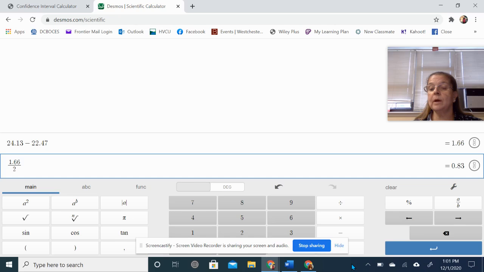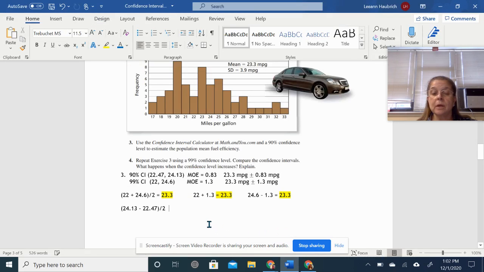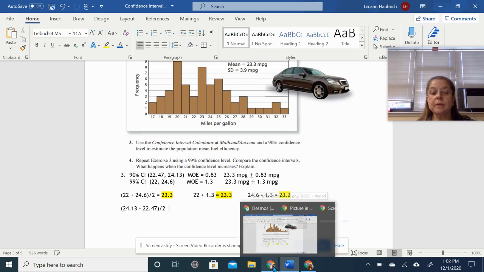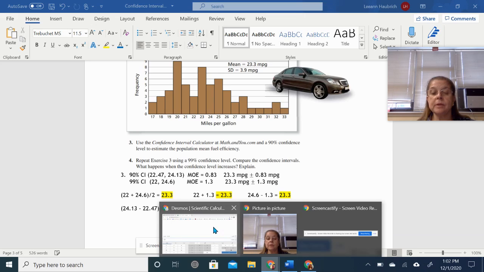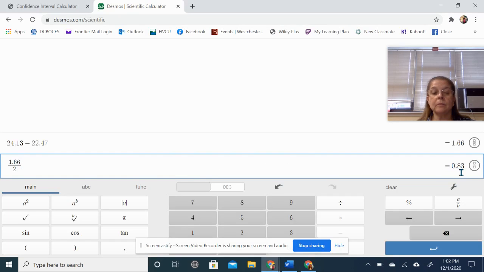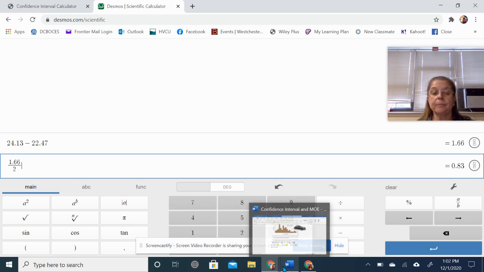I'm not sure what was happening with the other calculator, but Desmos never steers me wrong. Woof, I was getting nervous there. So we do end up with, just want to make sure you see it, 0.83 comes back. So I just want to make sure you see that.